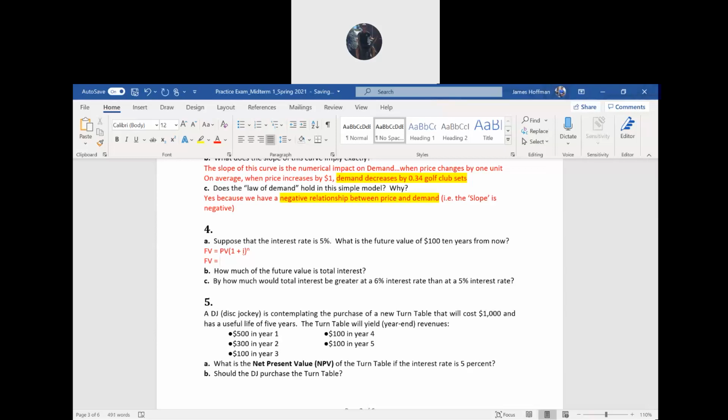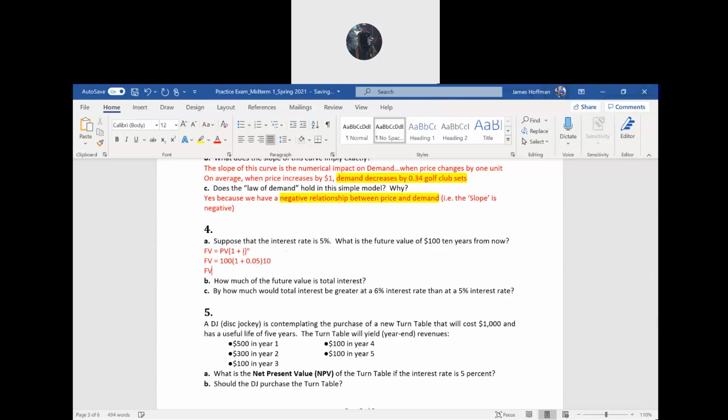Okay, present value is 100. Interest rate is 5%, which in decimal terms is 0.05. We're going to wait 10 years, so n is 10. Make sure you raise that to the 10. So we get 100 times 1.05 raised to 10.